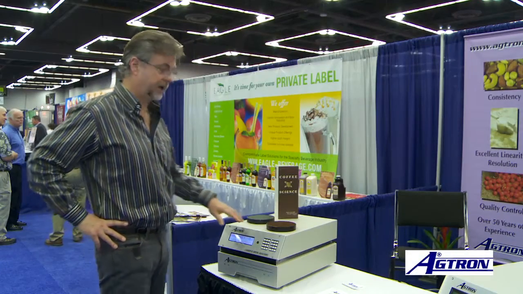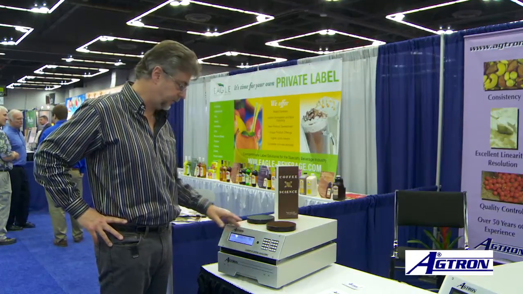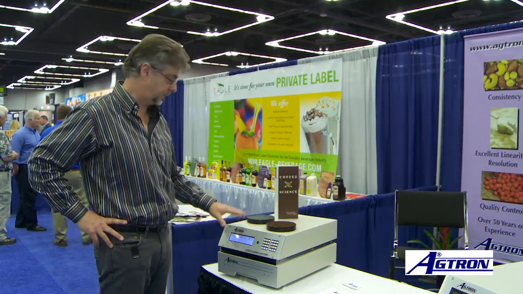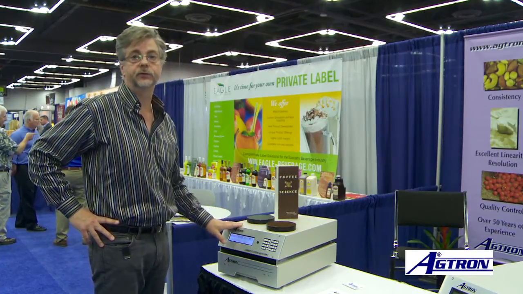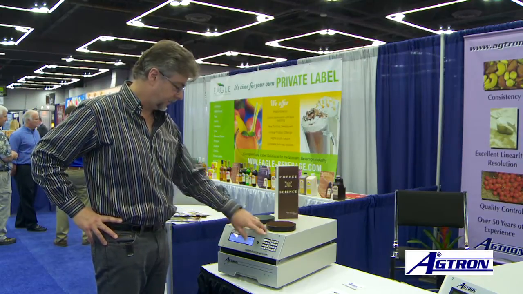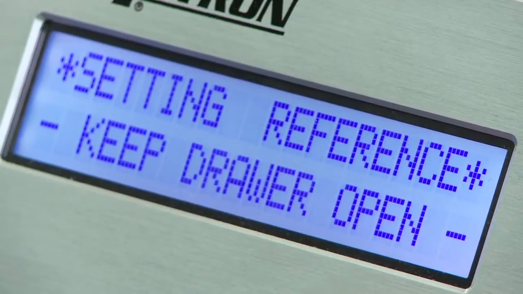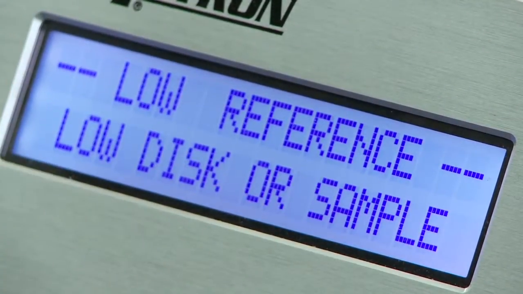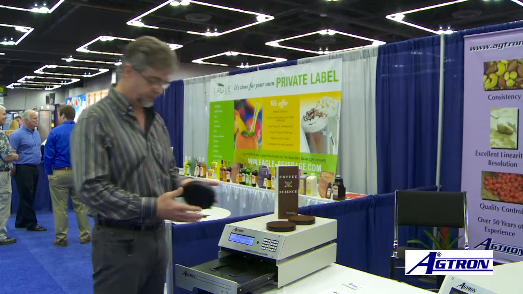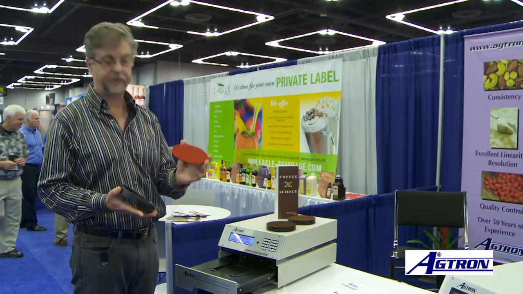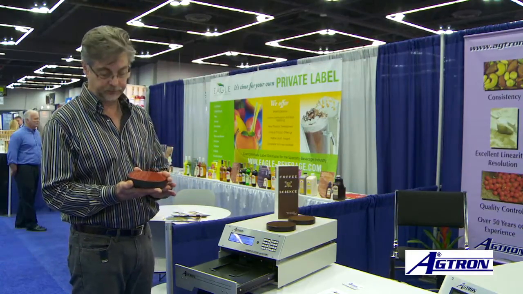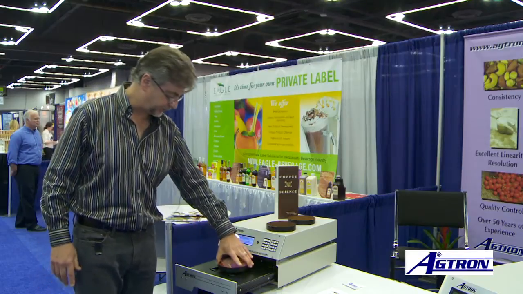So we're going to calibrate the analyzer. This is the Agtron E20CP. This is the analyzer most widely used around the planet. Push the calibration button. I'm going to use a synthetic standard to do the calibration. The standard has two sides to it. One represents the lighter roast, and another side represents the dark roasts.